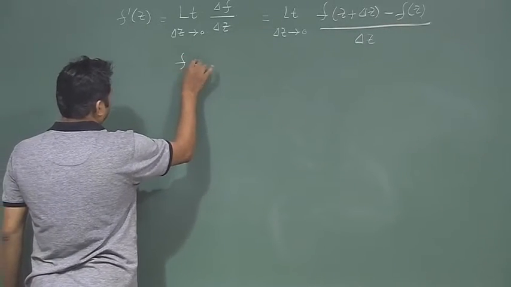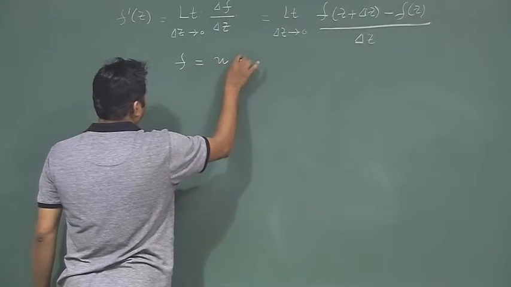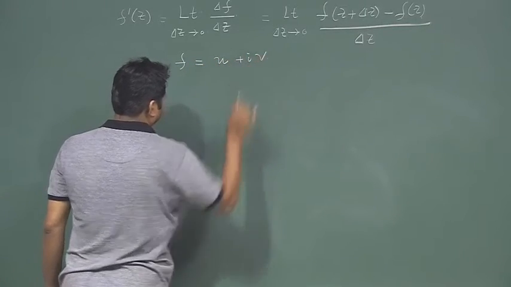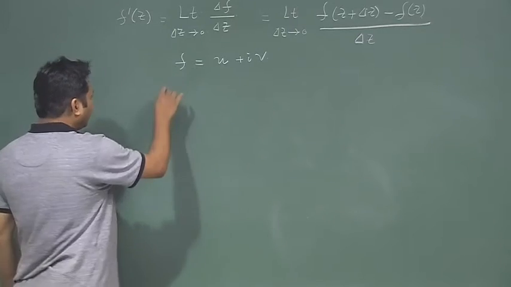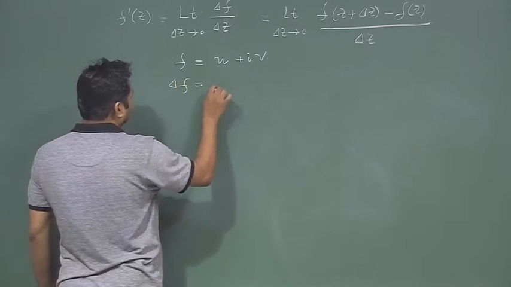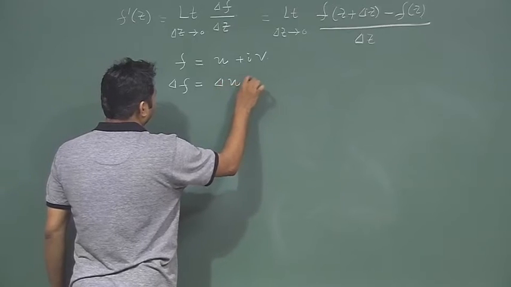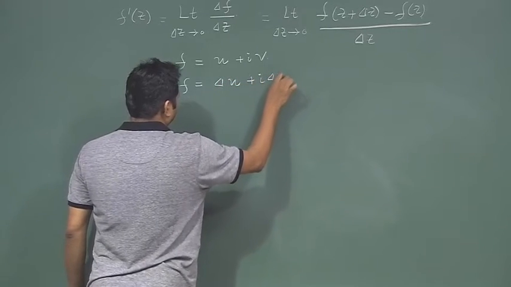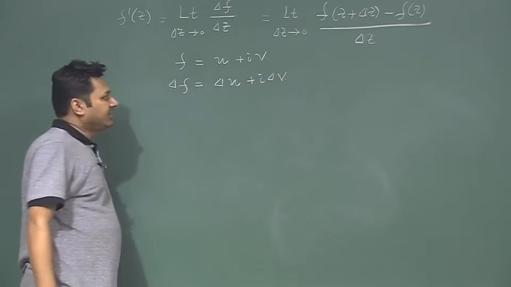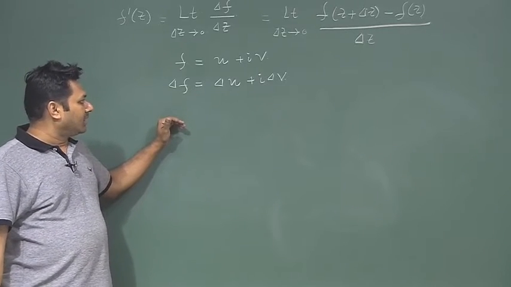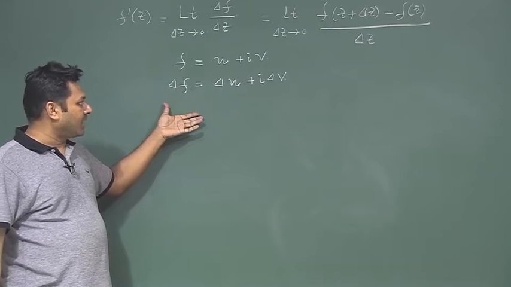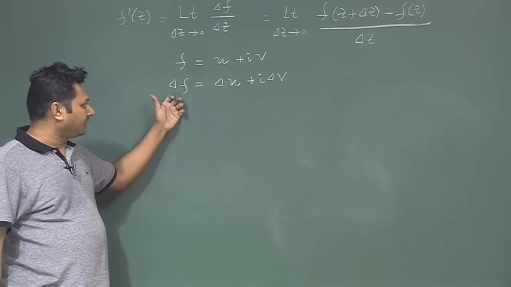Now, f is equal to u plus i v. So, delta of f is equal to delta of u plus i delta of v. That is the additional thing, because in the previous class I defined how the function is changing.